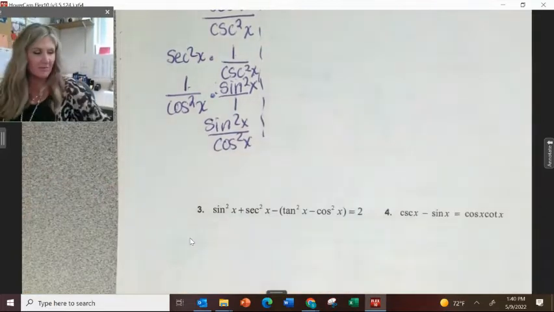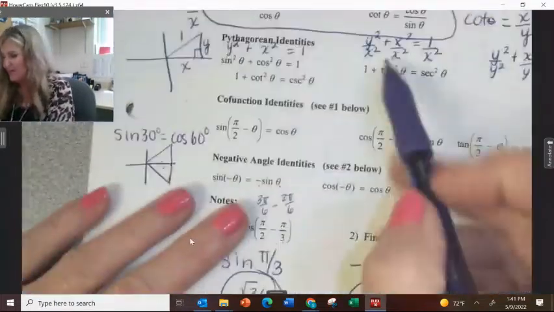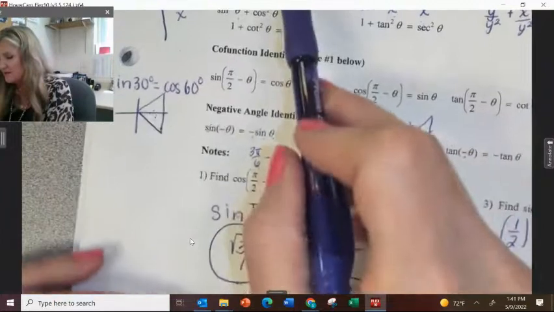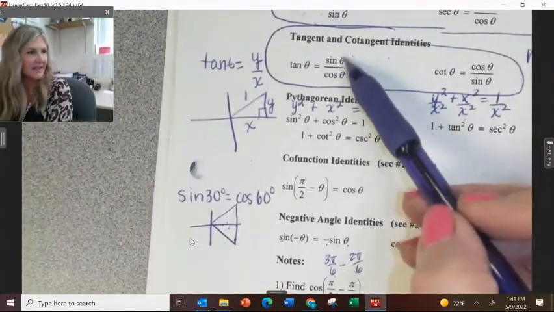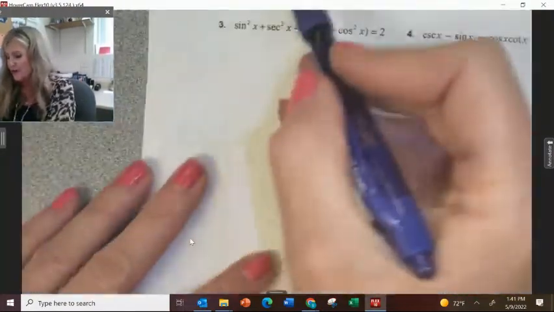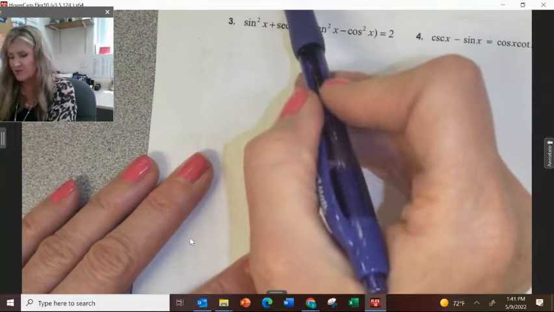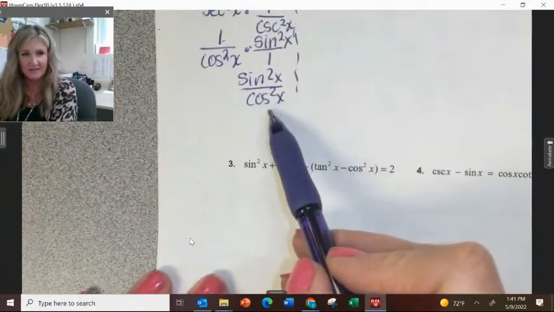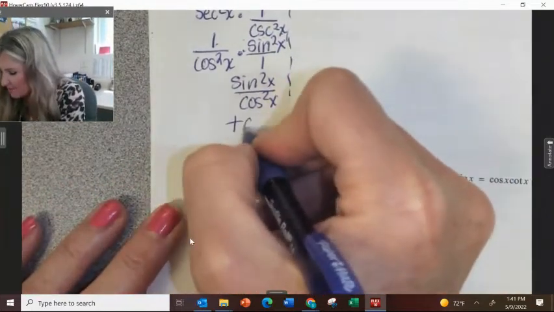So let's now look back at our paper here. Hopefully you remember this, but if not, look back. What do we have again? What is sine over cosine the same as? Tangent. So therefore, what is sine squared over cosine squared the same as? Tangent squared.